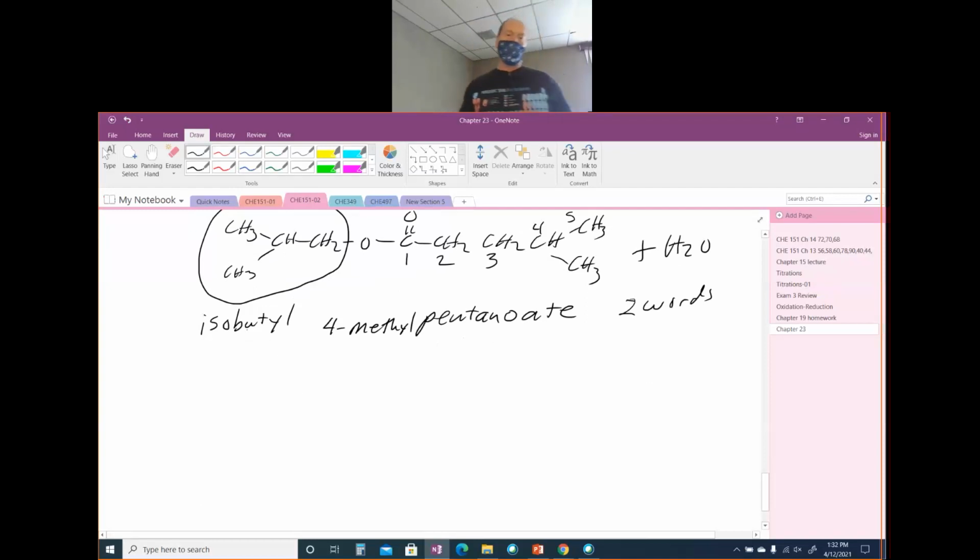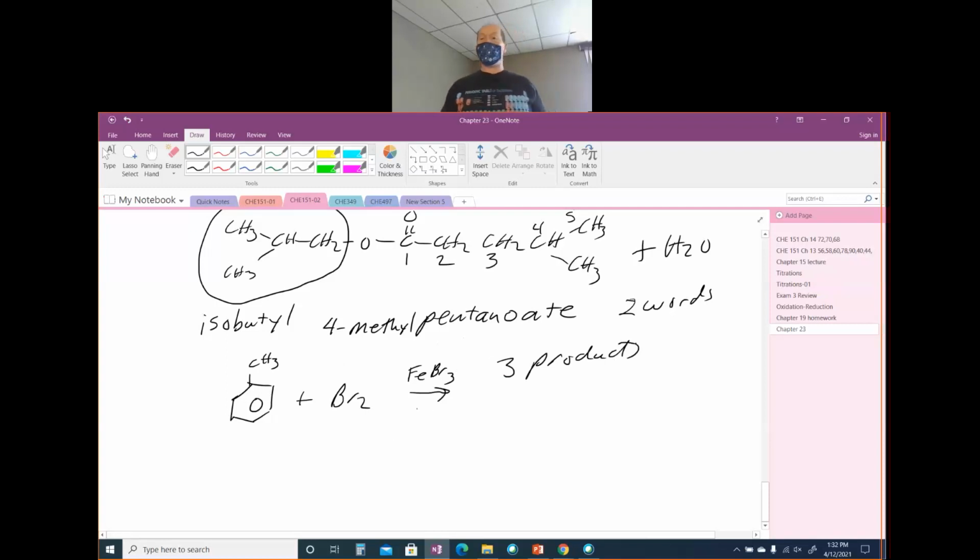If we have a methylbenzene and we add Br2, normally this will have a catalyst, FeBr3. All right, so what you have to know here is, I might say you're going to get 3 products. All right, and then I'll have you name the 3 products.